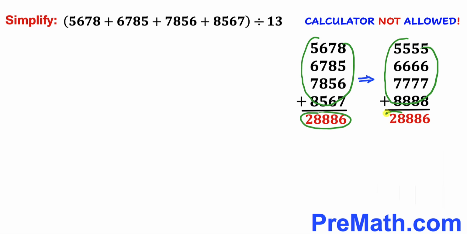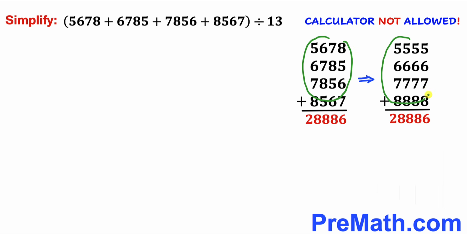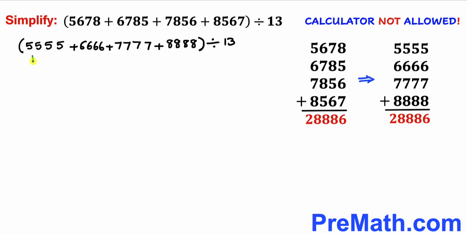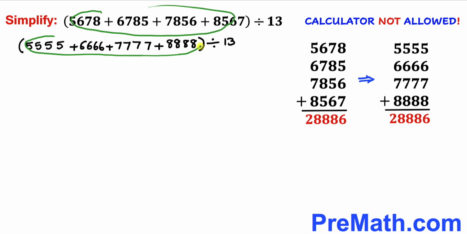It's going to be identical. So we can write all these numbers in this fashion, as you can see in this next step, inside the parentheses.